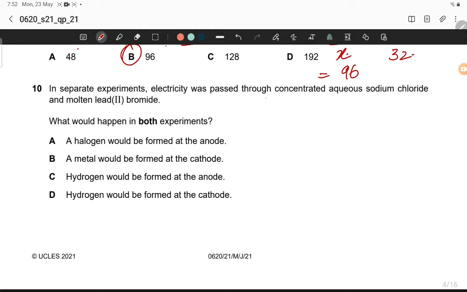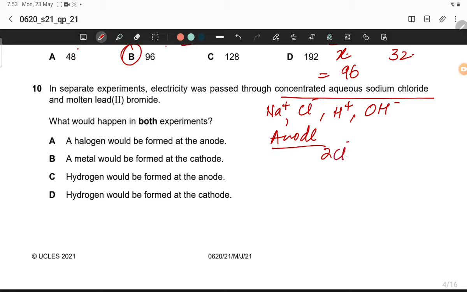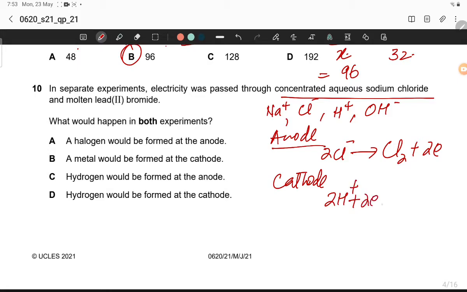In concentrated aqueous sodium chloride, there are Na positive, chloride ions, H positive and OH negative ions. At the anode, 2Cl negative forms Cl2 plus 2 electrons. At the cathode, 2H positive plus 2 electrons forms H2 gas.